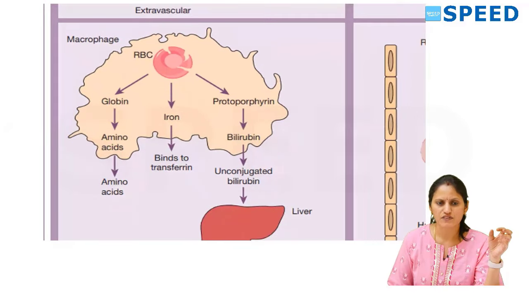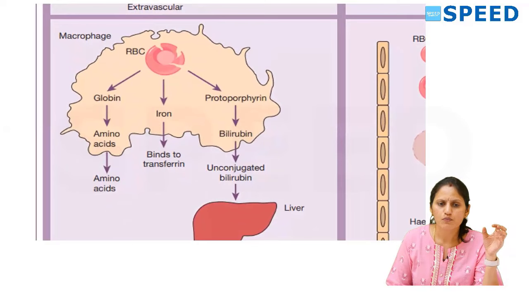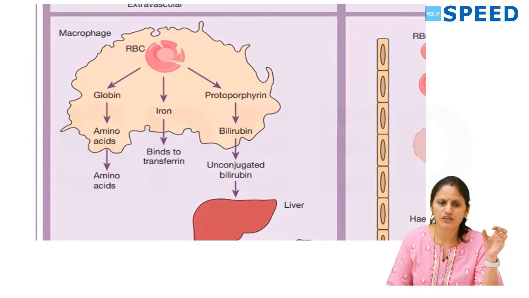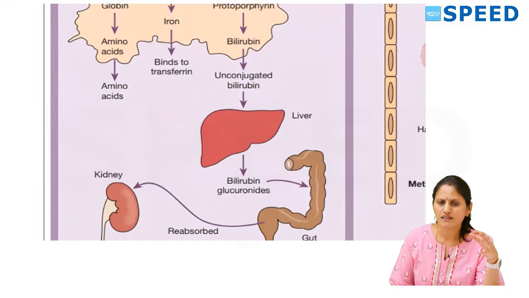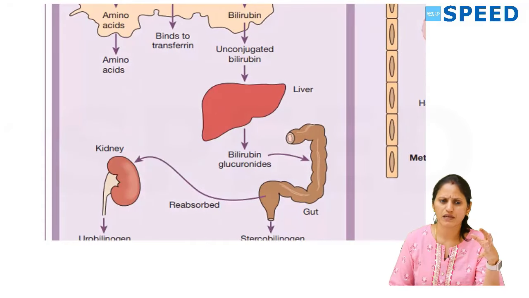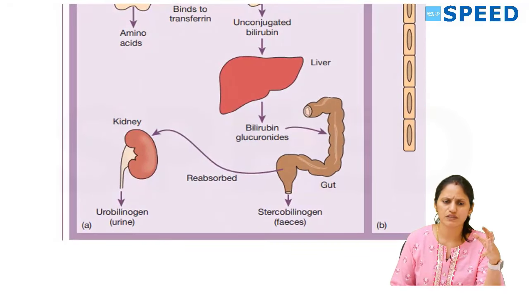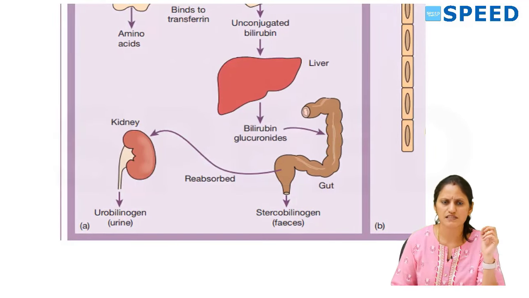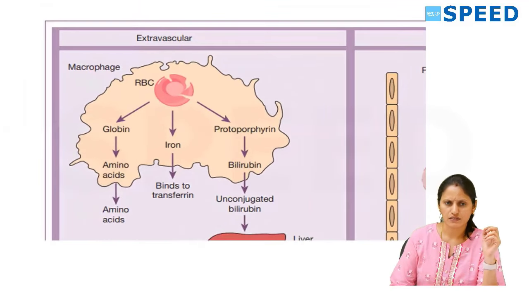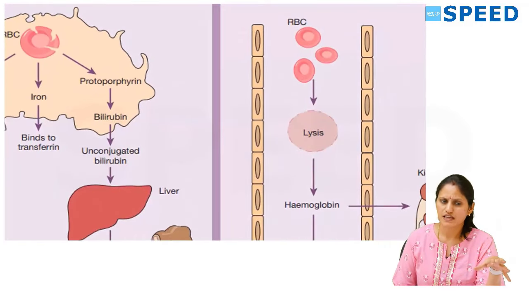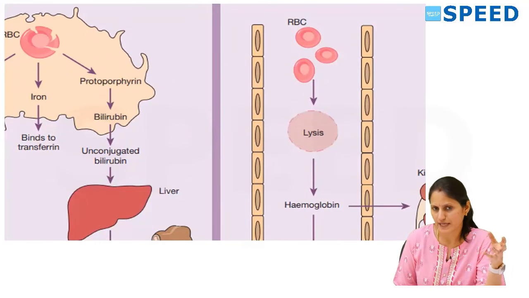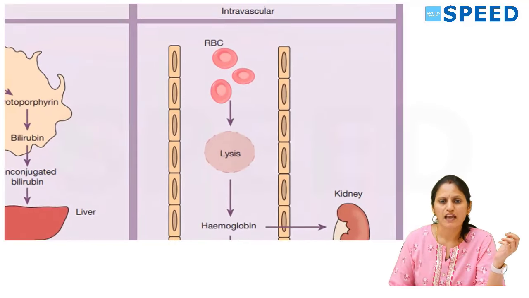Iron binds to transferrin and can be reutilized. Protoporphyrin is converted to bilirubin, and unconjugated bilirubin enters the liver, then the enterohepatic circulation, and it is excreted in the urine and in the feces. This is how extravascular hemolysis normally occurs. Pathological extravascular hemolysis follows the same pathway, it is just more accelerated.